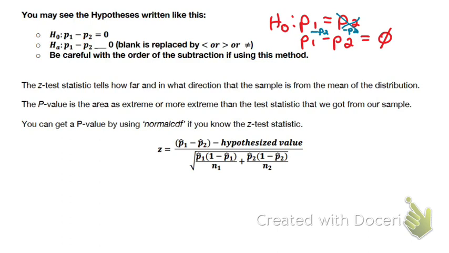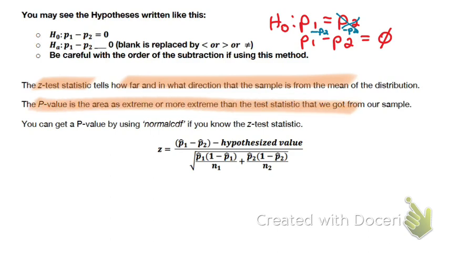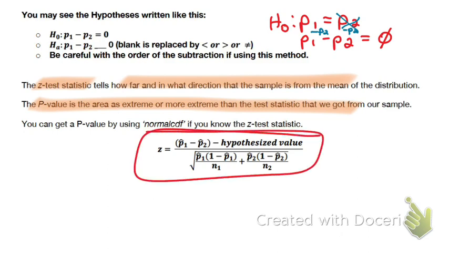Again, we are going to get our z-test statistic, which is going to tell how far and in which direction the sample is from the mean of the distribution. We're going to get our p-value, which is the area that is as extreme or more extreme. And this is how the z-test statistic is calculated.